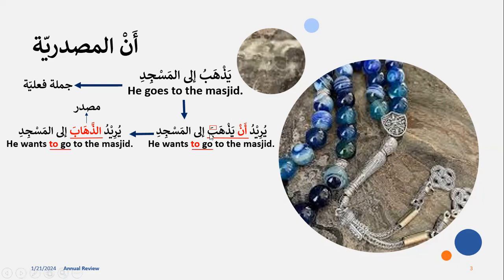So basically, this fail with un is interchangeable with the masdar of this fail. The jumla fi'liya transforms into a masdar, that's what we learned. We also see that it translates as a masdar.